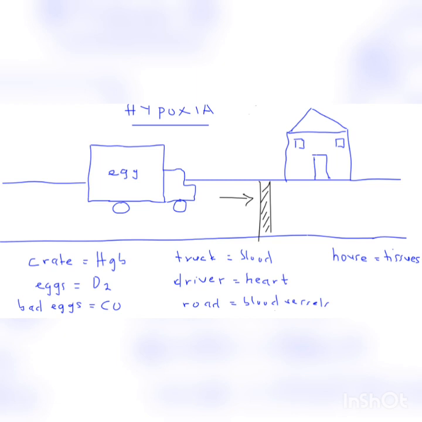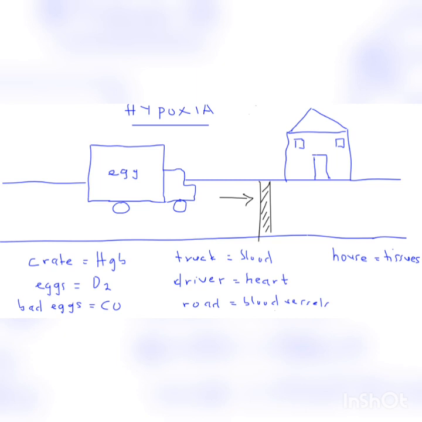So oxygen itself is analogous to the eggs. So we need to bind some of the oxygen to hemoglobin, which are the crates. Then hemoglobin is carried in blood. So the van is analogous to blood.